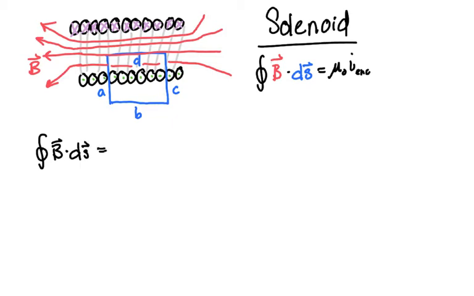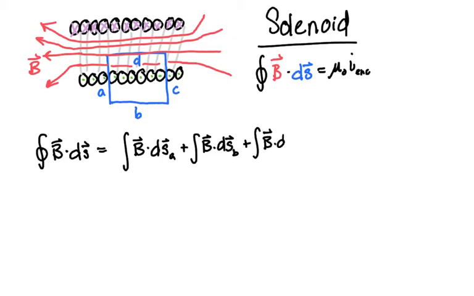This is what we start with, but as we break it out into its four pieces, we have the integral of the magnetic field B dotted with ds A, plus the integral of B dot ds B, plus C and D. And that's still all equal to our permeability of free space times the enclosed current.